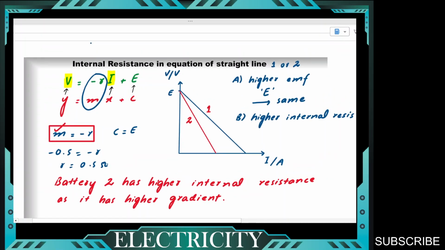So gradient equals to negative r, y-intercept equals to EMF, and then the question is, what does x-intercept equal to?